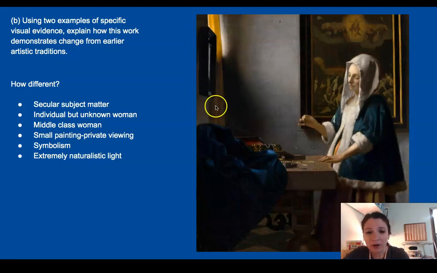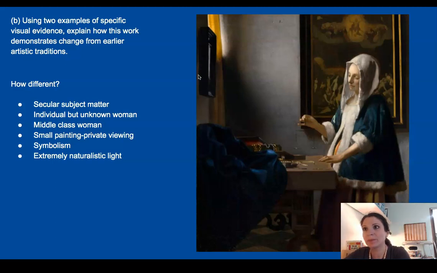The mirror over here, there's a lot of varied interpretations about that mirror, but it could suggest self-knowledge or reflection. All right? This mirror is not just reflecting her image, but it is reflecting her inner self. Okay, and so this symbolism adds that extra layer of meaning to the painting so that it's not just a woman holding a balance.